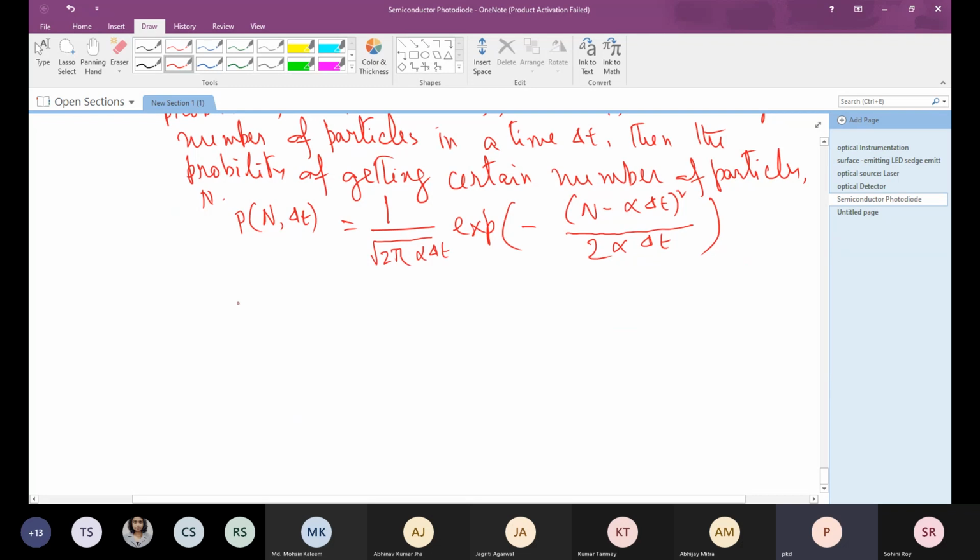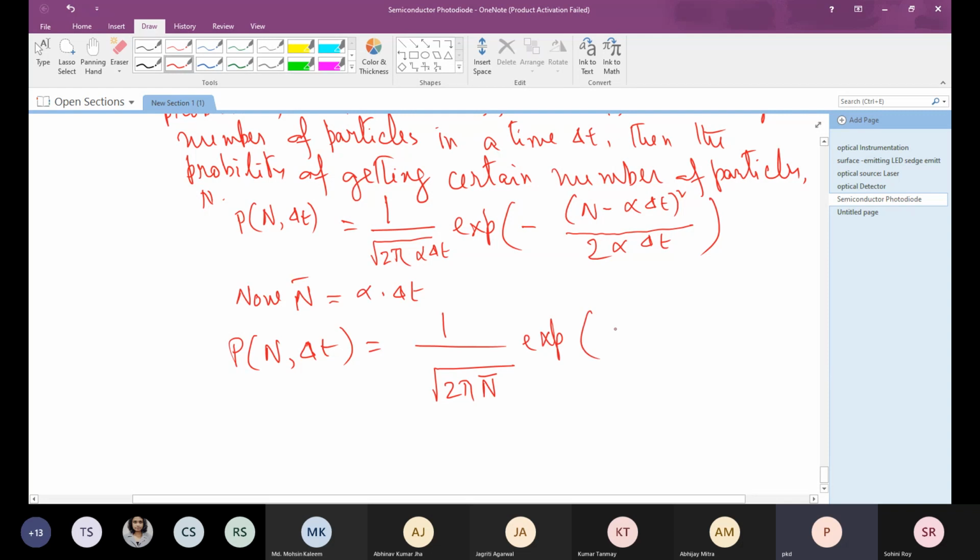Now, if the mean n bar equals alpha into delta t in a time delta t, then this p n delta t would be 1 by square root of 2 pi n bar, exponential of minus, this is delta n, n minus n bar, square by 2 n bar.